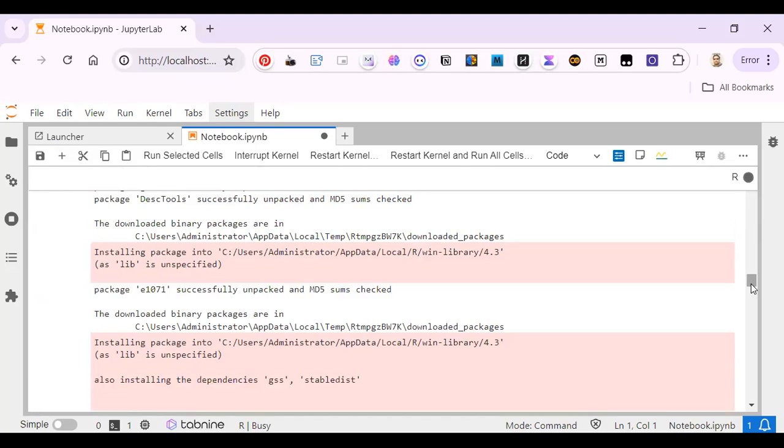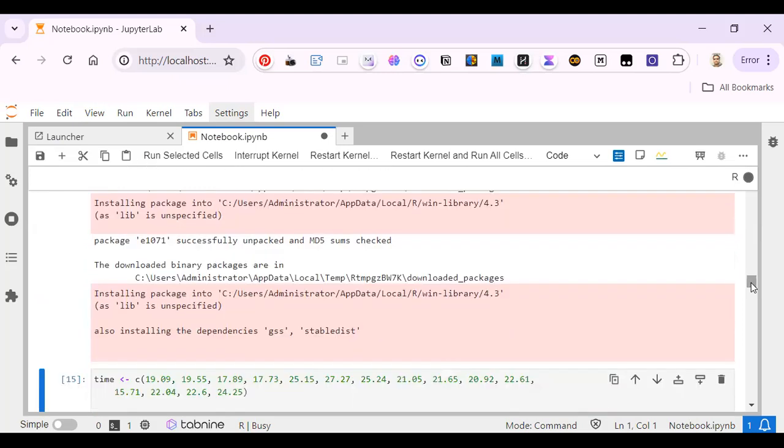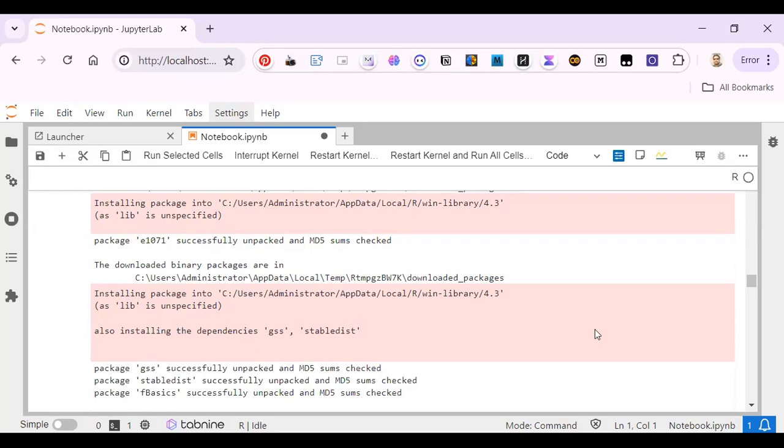We are going into plenty of packages in our language, and these will give a better mechanism for getting the data and understanding the concepts. And while installing any package, dependency packages are also installed. For example, this one package is downloading and installing, but the dependency packages are also installing.